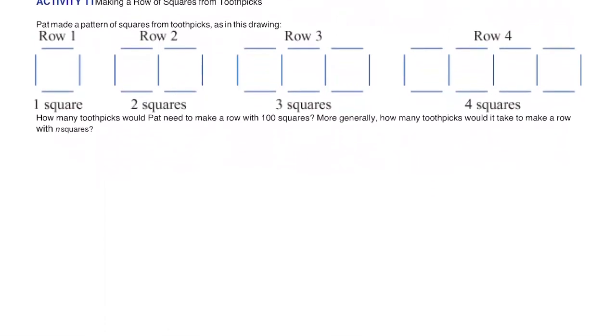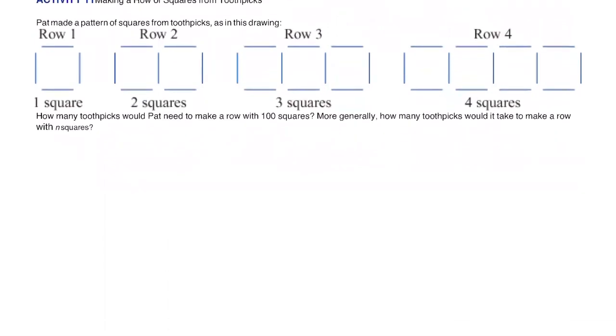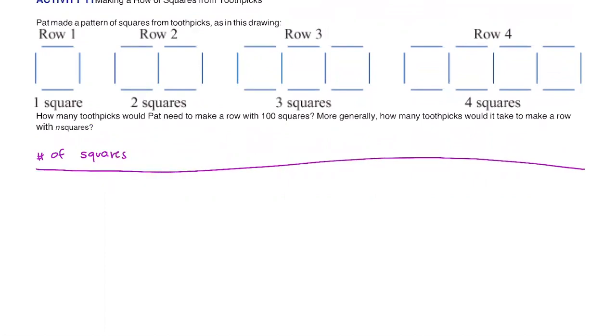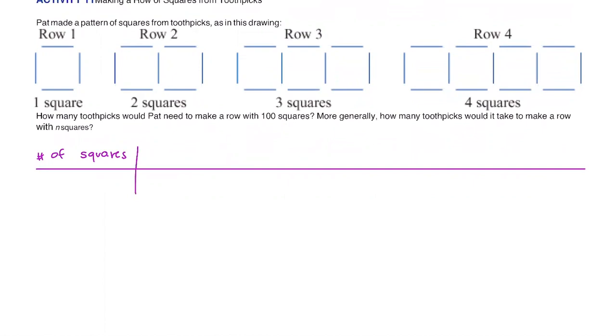When most people see questions like this, they start thinking about a table. And so they think of number of squares, perhaps, as the input, and then number of toothpicks as the output. And that's totally valid. Let's do that together first.